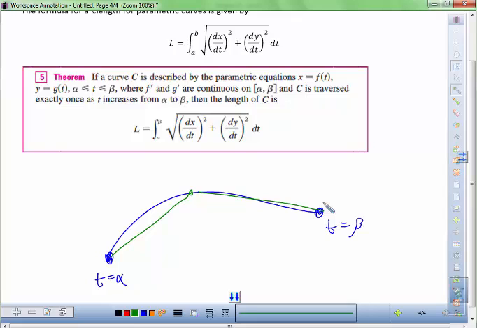So if I cut this into 2 pieces, or label some points and draw some lines connecting those points, we should be able to find the lengths of those lines. And the length of these 2 lines added together, although it's not exactly the same as the length of that curve, is fairly close.